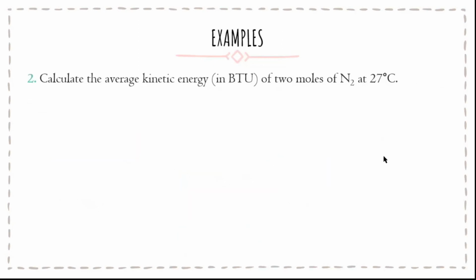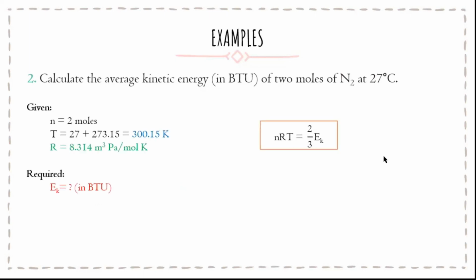Okay, so let's have another example. Example number 2. Calculate the average kinetic energy in British thermal unit, that's BTU, of 2 moles of nitrogen gas at 27 degrees Celsius. So again, we are only given the temperature so we can solve it.